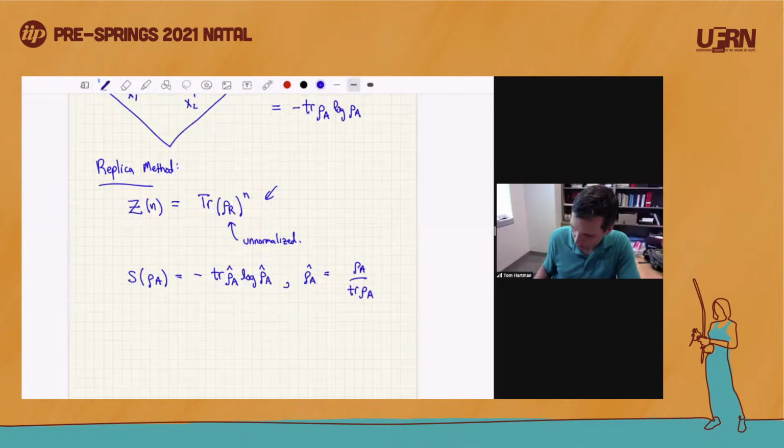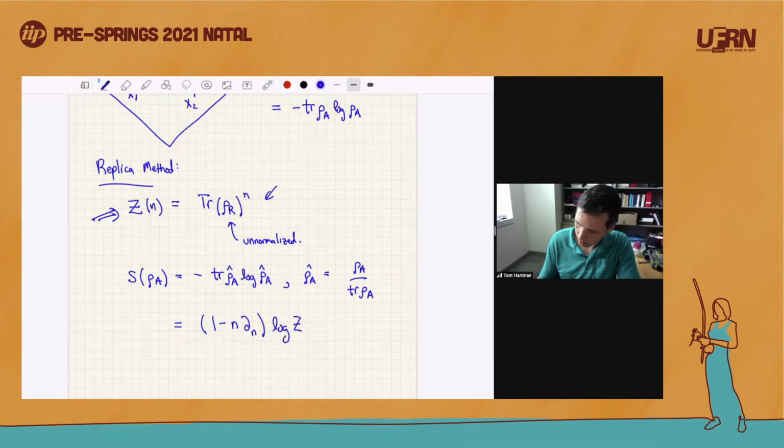the point of the replica method is that if we can calculate these replica partition functions, Z_n, then formally we can write the von Neumann entropy as 1 minus n times d/dn of log Z_n at n equals 1. Now, to make sense of this, you have to be able to analytically continue to non-integer n.